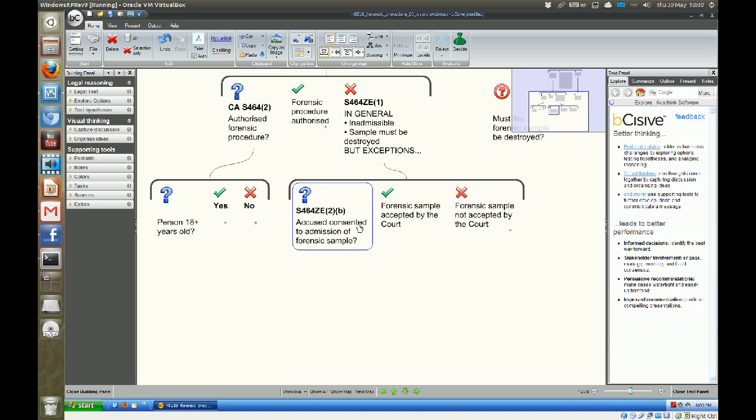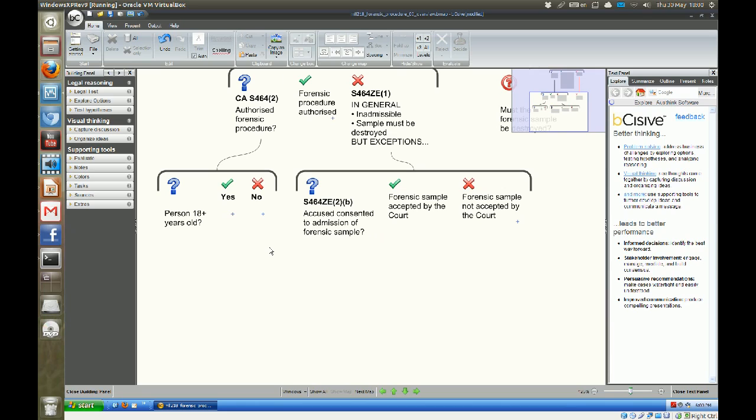So I assume that would be in the case of some kind of technicality where the accused, for whatever reason, is made to understand that it's technically not an admissible sample, but goes ahead because presumably he's satisfied that or he's confident that the forensic sample will disprove his guilt.